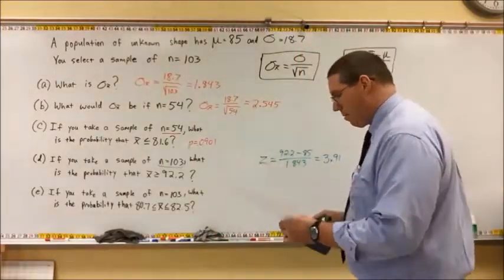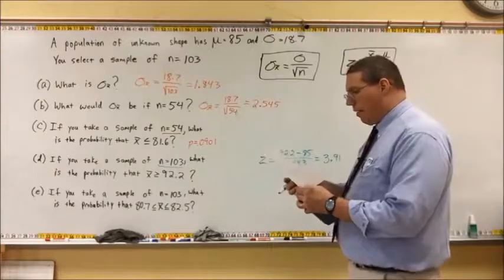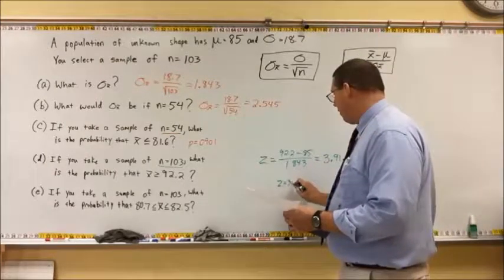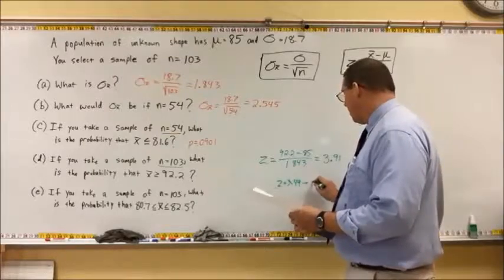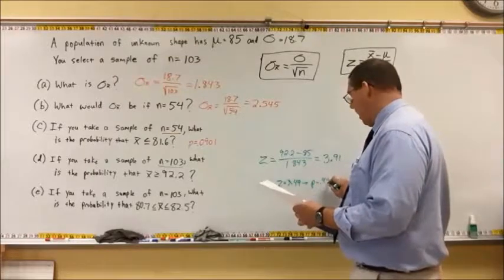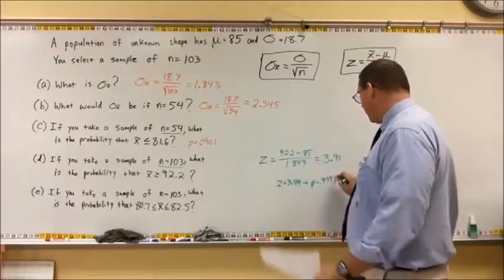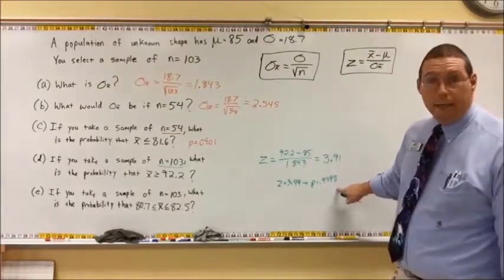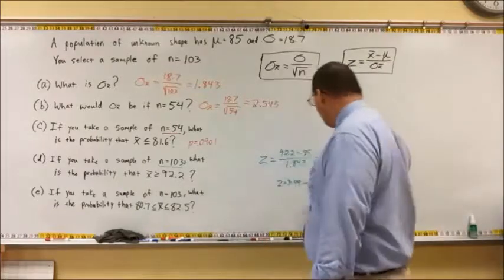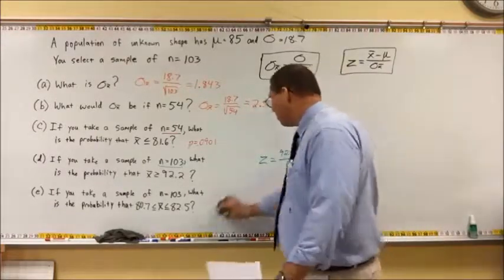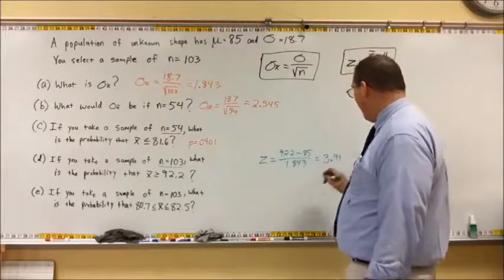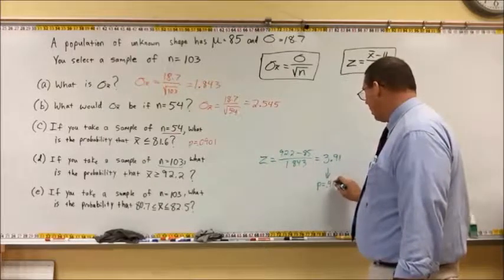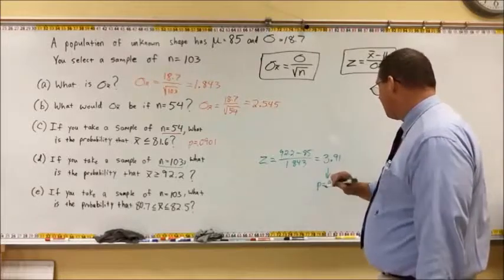When that happens, at a z-score of 3.49, that's a p-value of 0.9998. So what we're going to do is go up to 0.9999. When you go beyond what's on the z-score table, you just go as high as you can. So we're going to say that the p-value is 0.9999.